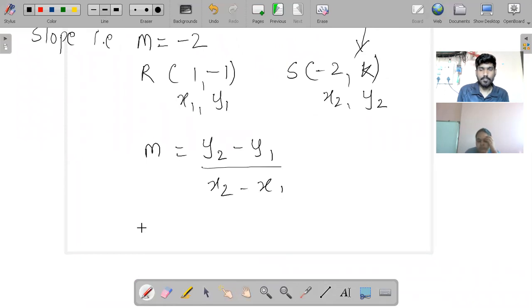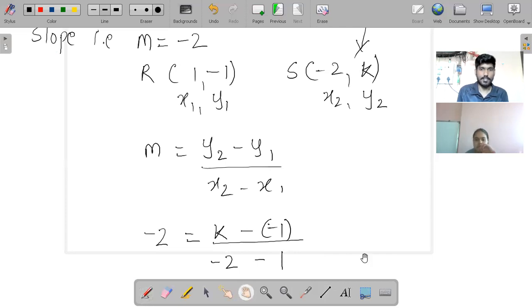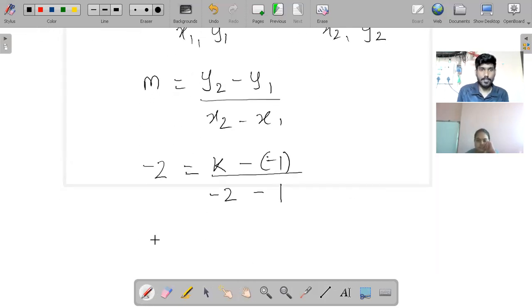M is -2, so -2 equals y2 which is K, minus y1 which is -1, divided by x2 which is -2, minus x1 which is 1. So now we'll simplify this. -2 equals K, minus of -1 becomes plus 1, divided by -2 minus 1.